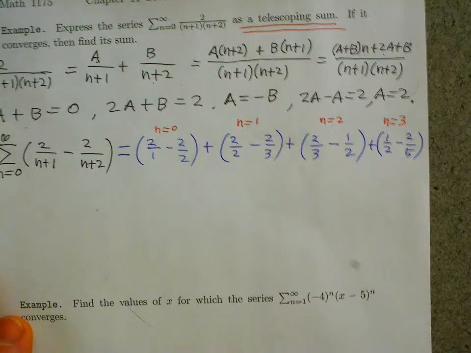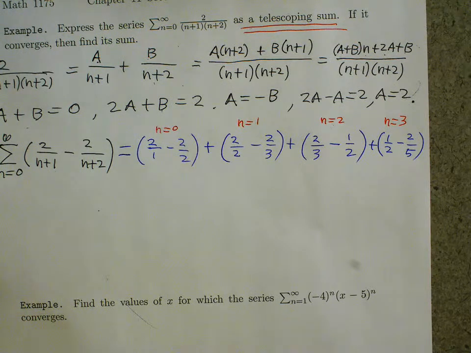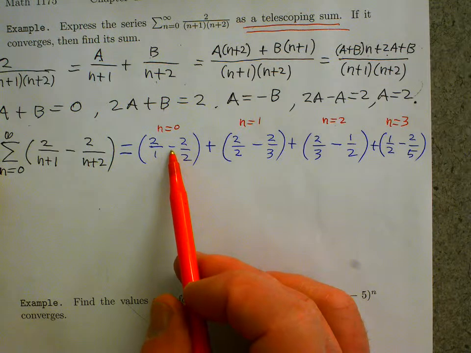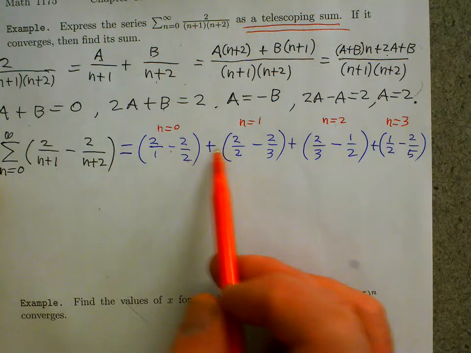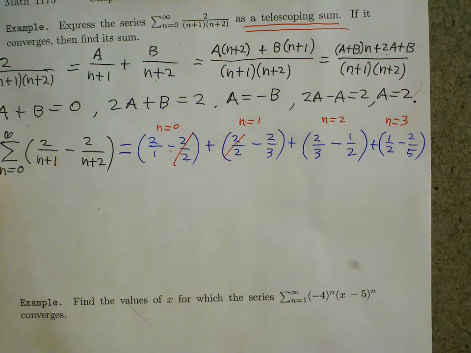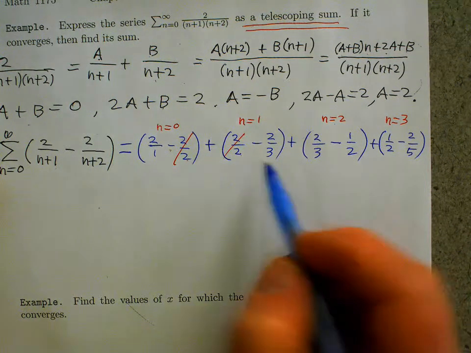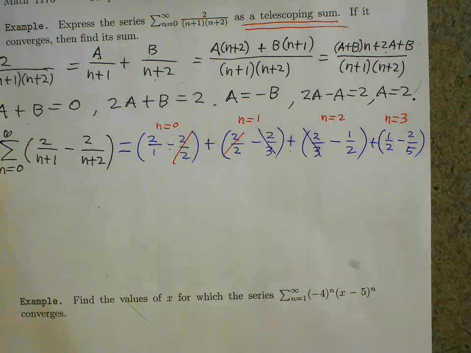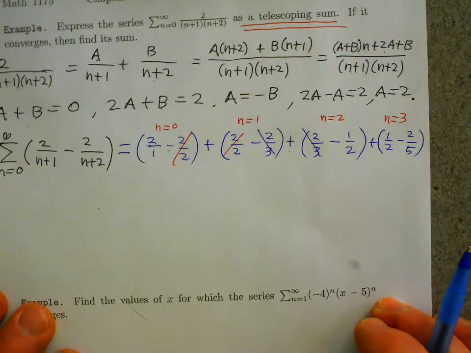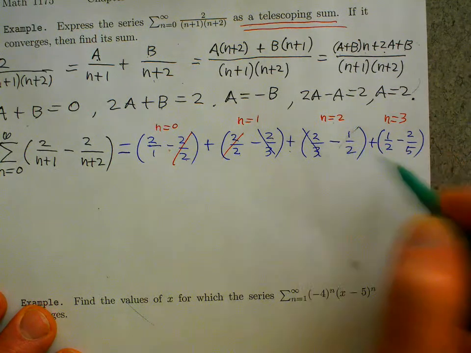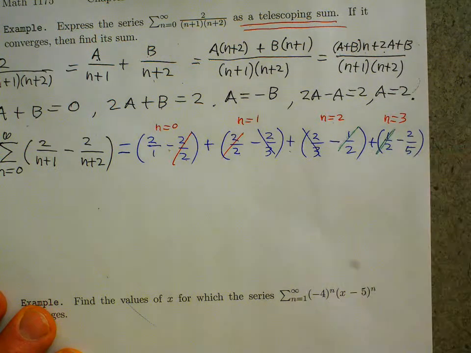And so on. This is called telescoping because this minus 2 over 2 plus 2 over 2, those cancel each other out. And then the minus 2/3 and the plus 2/3, those cancel each other out. And then the minus 1/2 plus 1/2, those cancel each other out.